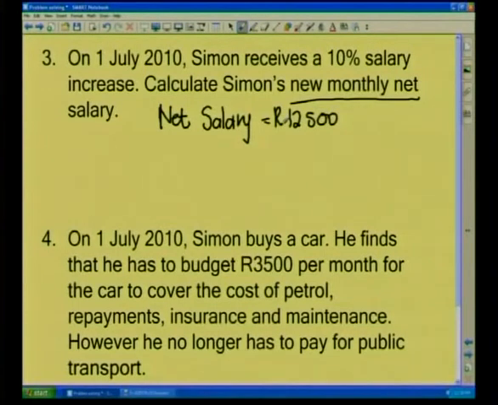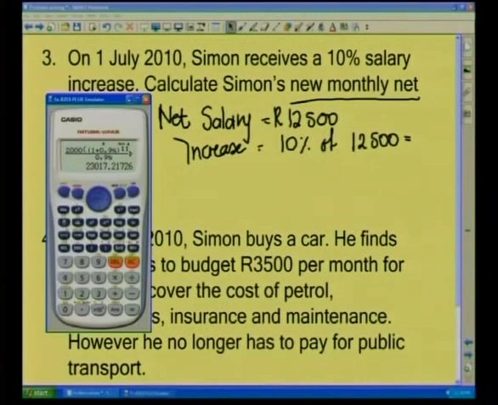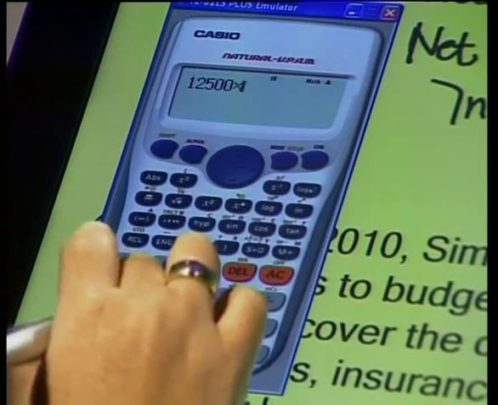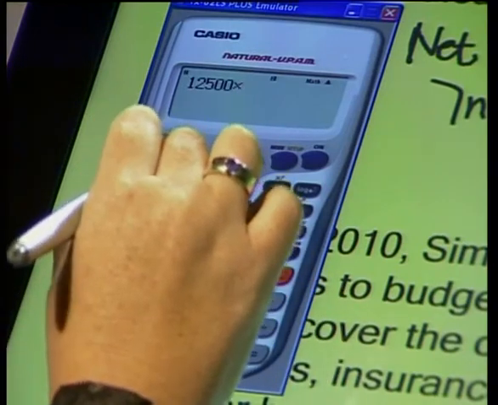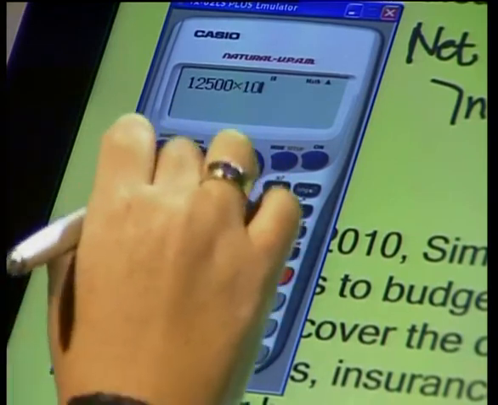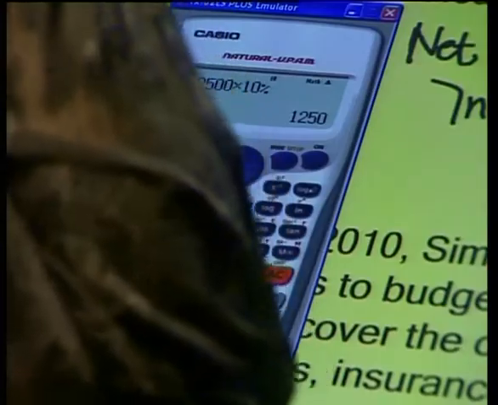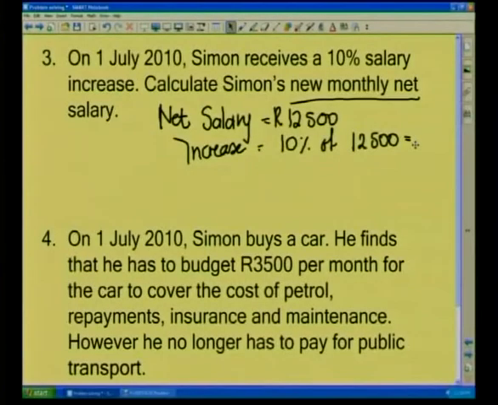So we need to work out what his increase is. So that's going to be 10% of 12,500. We can work that out on a calculator. 12,500 times 10% is equal to 1,250.